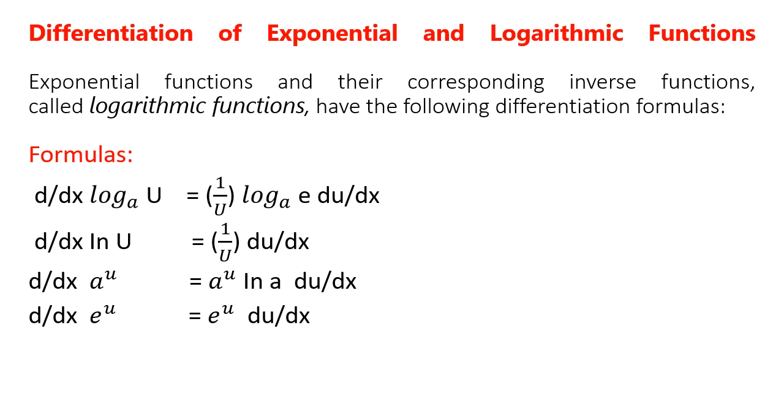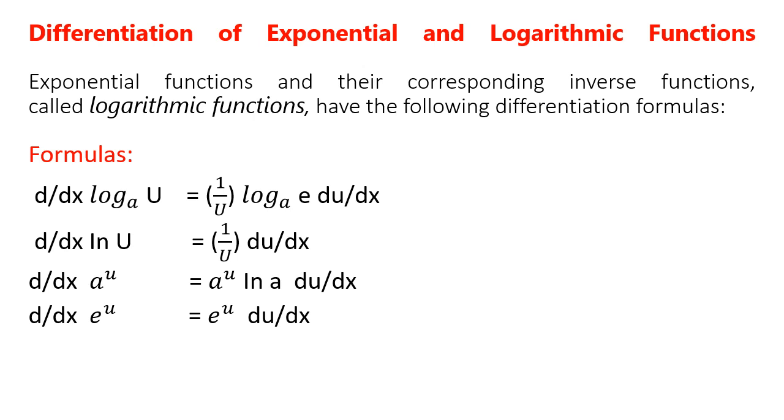Differentiation of exponential and logarithmic functions. Exponential functions and their corresponding inverse functions, called logarithmic functions, have the following differentiation formulas. You have this one: d over dx of log base a of u equals 1 over u times log e base a. d over dx of ln of u equals 1 over u du over dx.